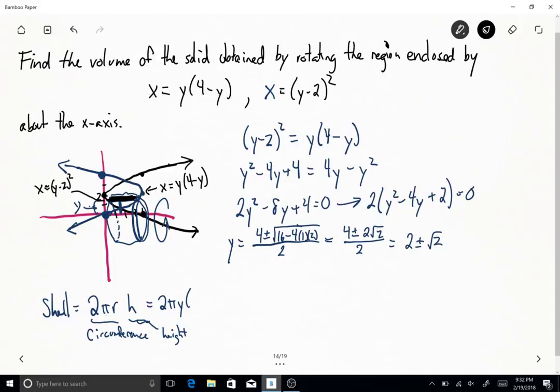And so what we need to do is you go y times 4 minus y, and then we got to subtract off the y minus 2 squared.